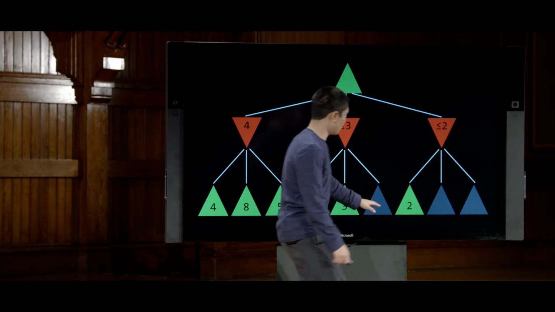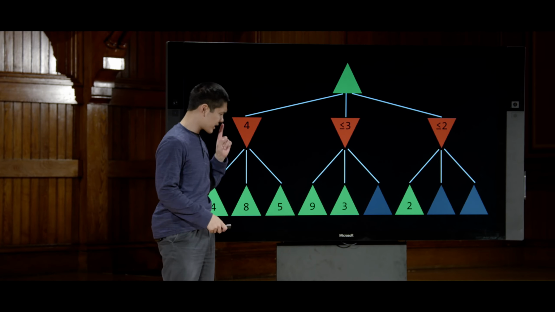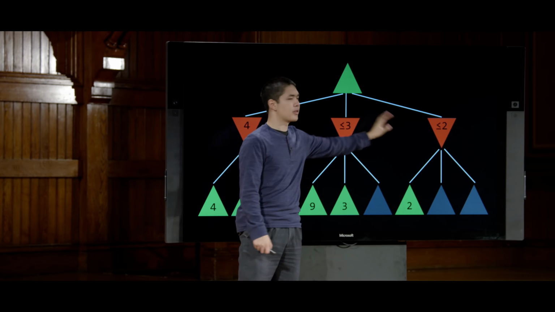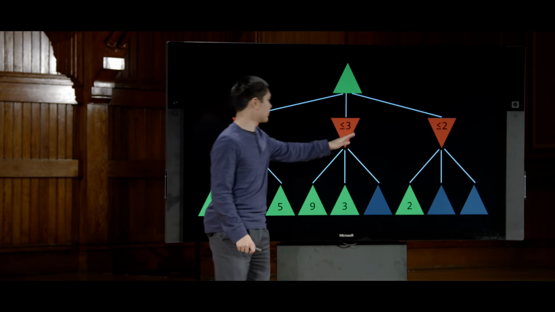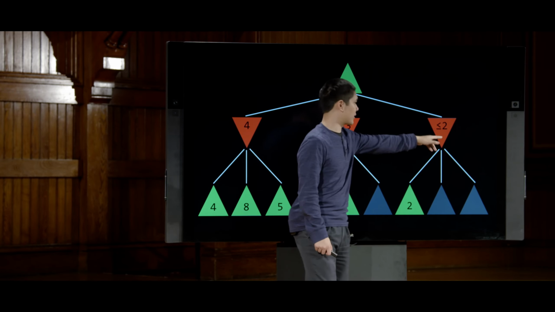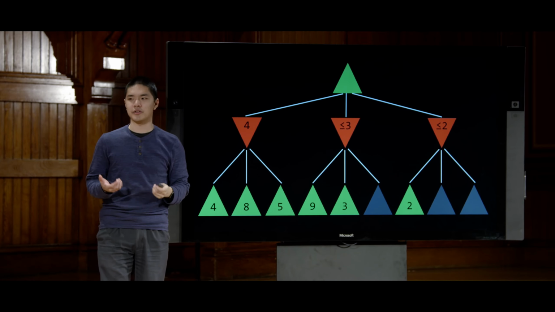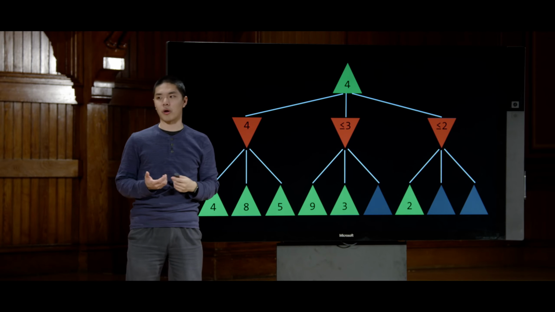So even without looking at these remaining states, I, as the maximizing player, can know that choosing this path to the left is going to be better than choosing either of those 2 paths to the right, because this one can't be better than 3, this one can't be better than 2, and so 4 in this case is the best that I can do. I can say now that this state has a value of 4.